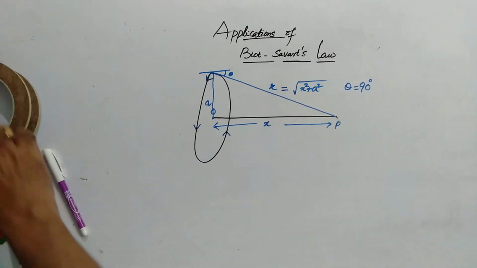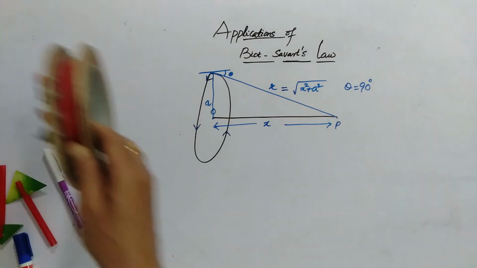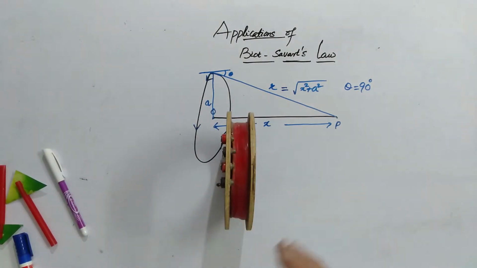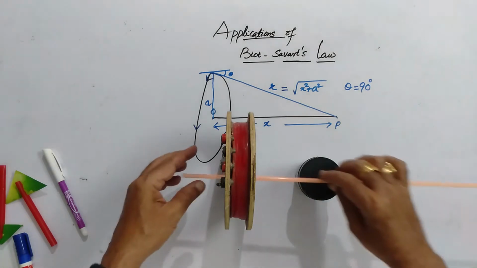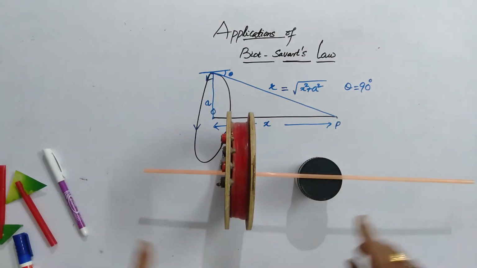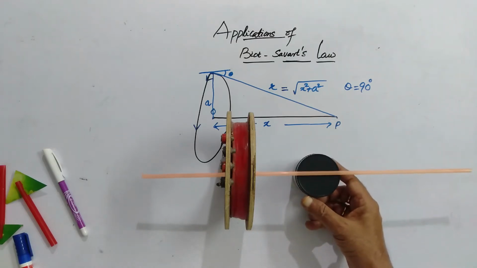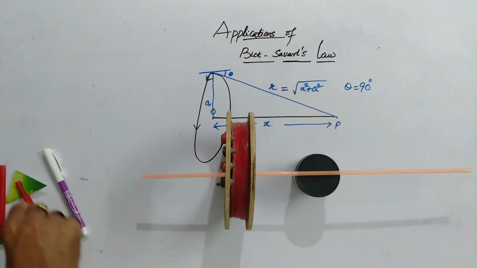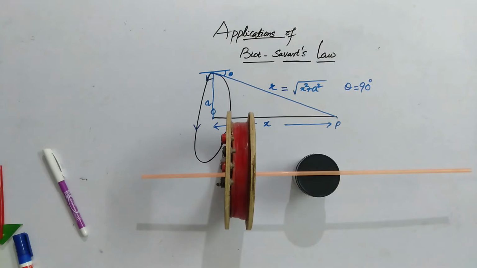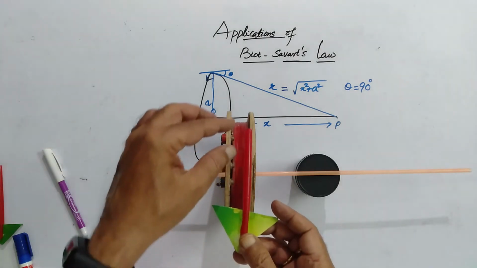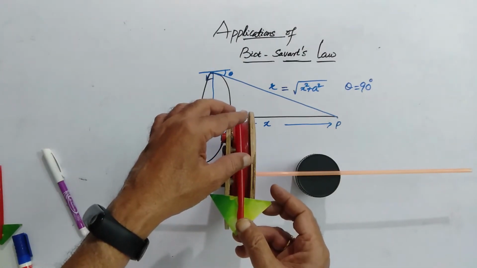So to make you understand, I took the real situation. This is the circular coil, and I am keeping one axis for it. This is the axis which is passing through the center, and now I have to keep the current element.